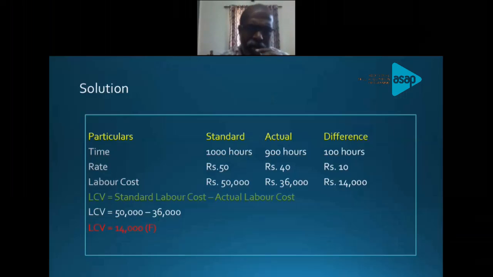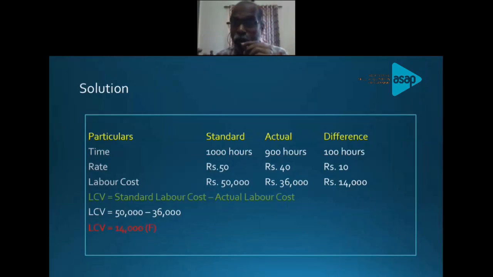And another thing is that we have fixed the standard wage rate as 50 per hour, but actual wage rate is only 40 per hour. So there is a difference of rupees 10 per hour in the rate.